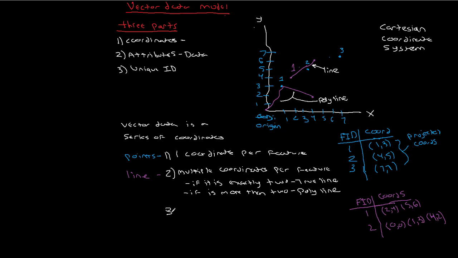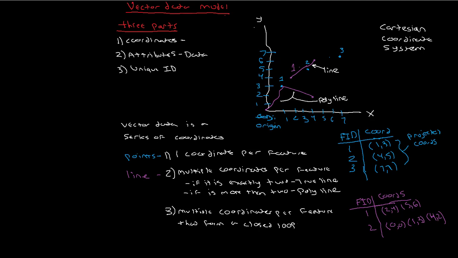And then finally, there's one other option, and it's similar to the line, where we have multiple coordinates per feature. But here's the key part, that form a closed loop.